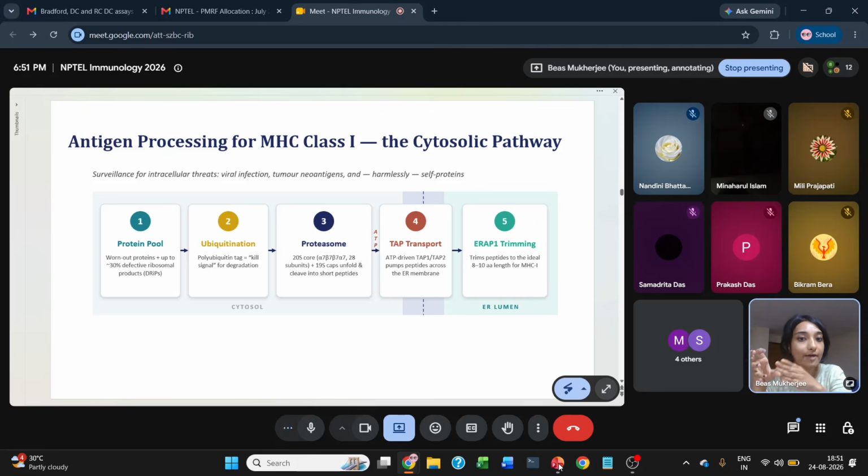So TAP1, TAP2 pumps peptides across the ER membrane, and it enters into the ER lumen, and there ERAP comes and trims. So ER aminopeptidase trims into the ideal length for MHC class I.